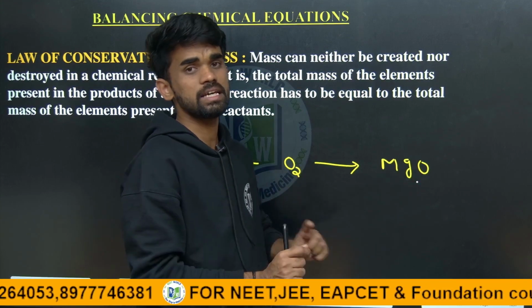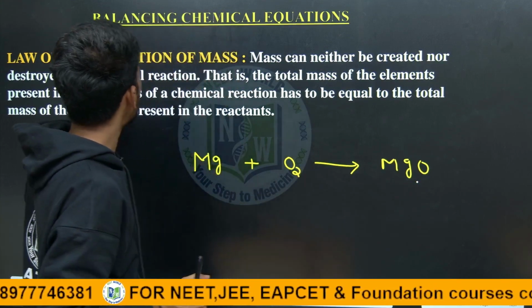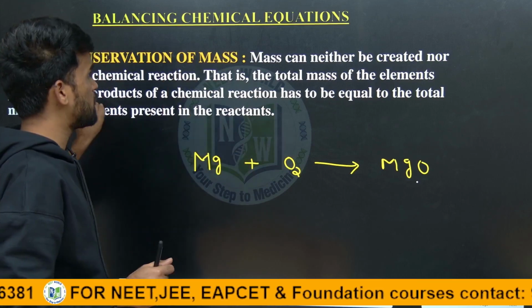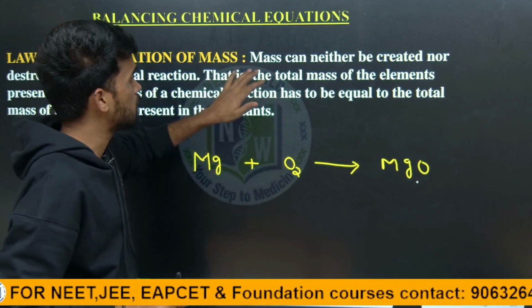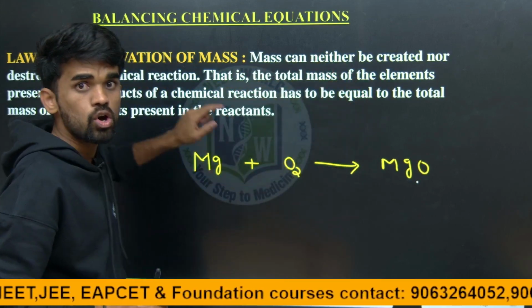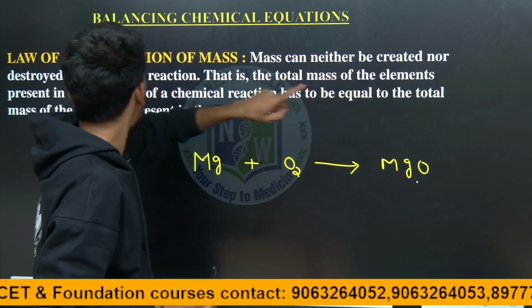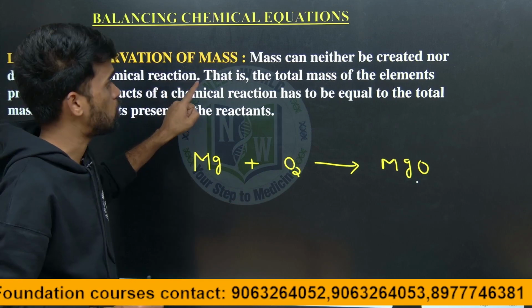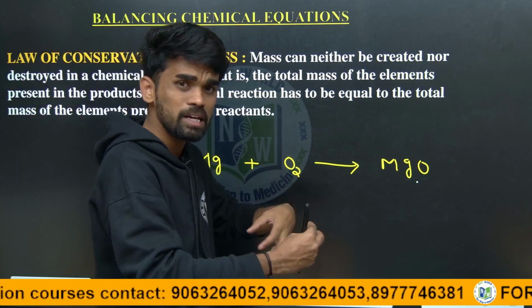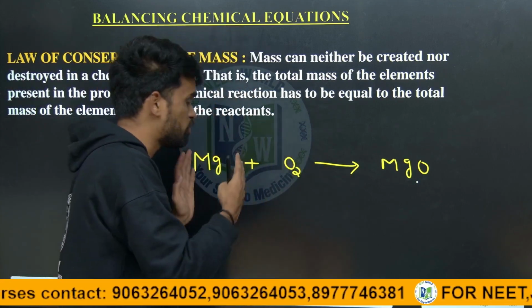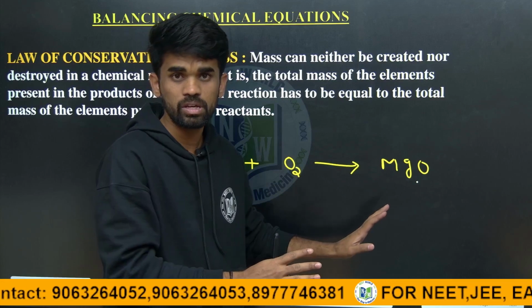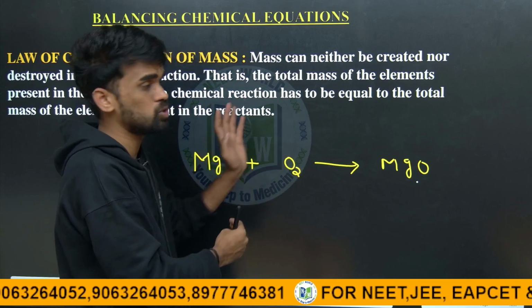So why is this? There is something called the law of conservation of mass. What do we mean by the law of conservation of mass? Mass can neither be created nor be destroyed in a chemical process, but it can be transformed from one form to another form.